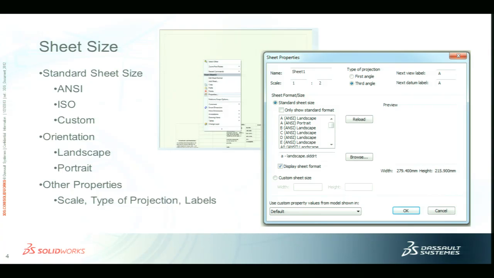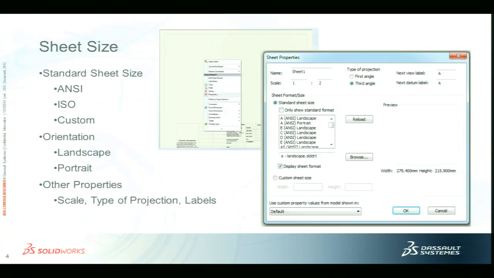If we take a look at what's on this window, you see that at the top you have the ability to name this particular drawing. You have the ability to set a scale for this drawing, and that is your sheet scale. If you're used to putting drawing views on a drawing, then you'll see that sheet scale is what is driving those views.